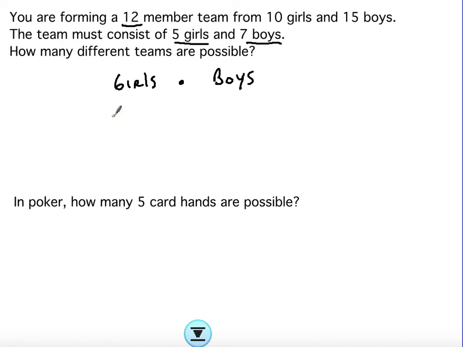So how many girls do I have to choose from? I've got 10 girls, and how many girls am I choosing? I'm choosing 5. Move on to the boys. How many boys do I have to choose from? Got 15 boys to choose from. How many do I want to choose? 7. Throw that in your calculator and you are going to get this.